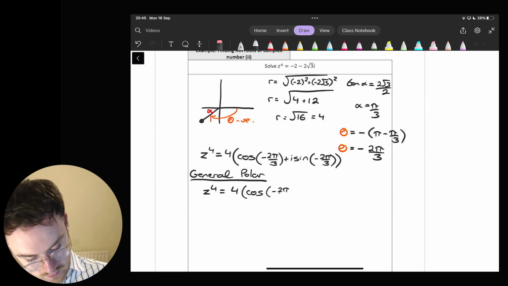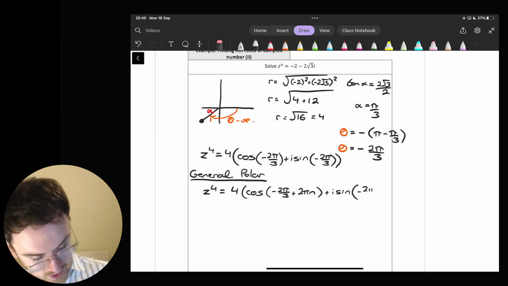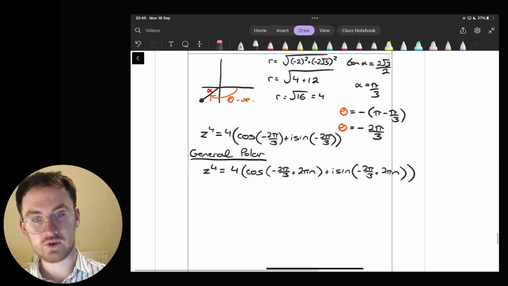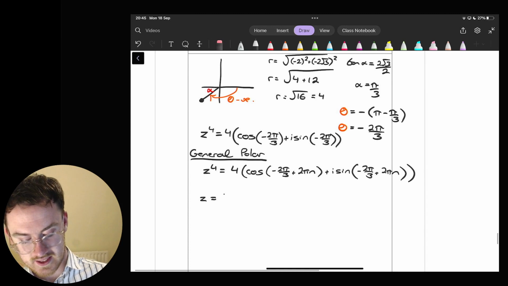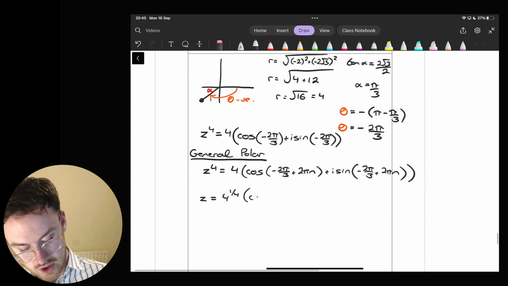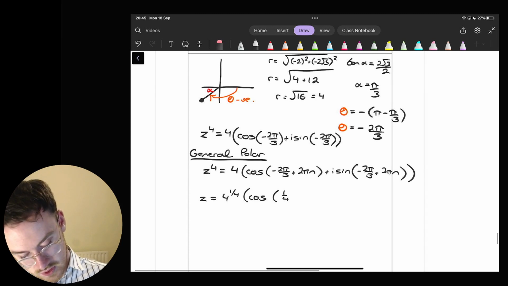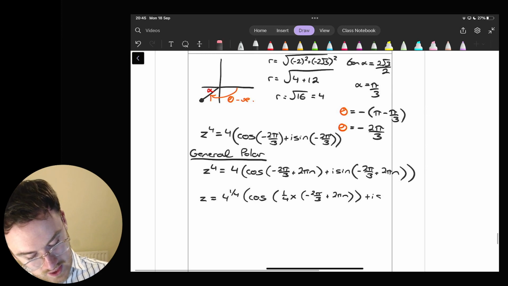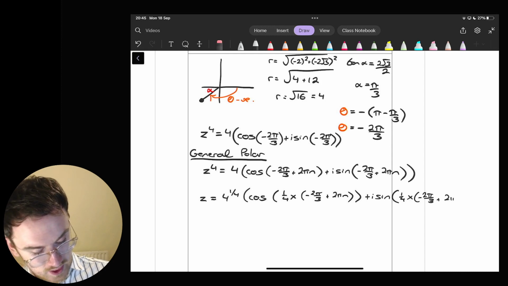So minus 2 pi over 3 plus 2 pi n plus i sine minus 2 pi over 3 plus 2 pi n. Okay, now we can go ahead and get our 4 to the power of a quarter cos a quarter times minus 2 pi over 3 plus 2 pi n plus i sine a quarter times minus 2 pi over 3 plus 2 pi n.